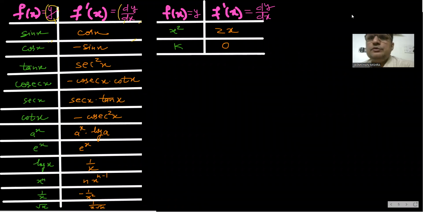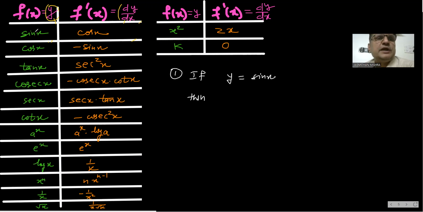Students, what you have to do here is, let us take the first one. If y equals sine x, under y you have sine x. F of x is y, and under y you have sine x. So if y equals sine x, then what is f dash x? F dash x is cos x, which is nothing but dy by dx.